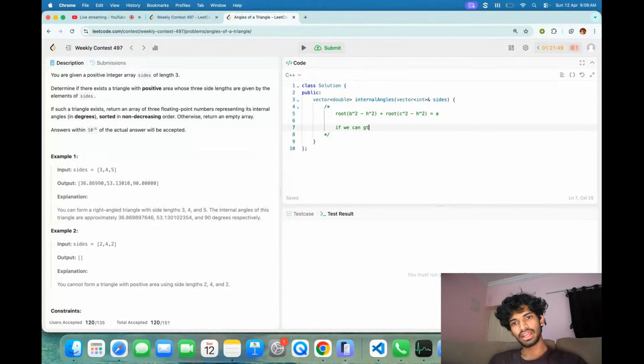If we can get h from this, we can do cos inverse, I guess.